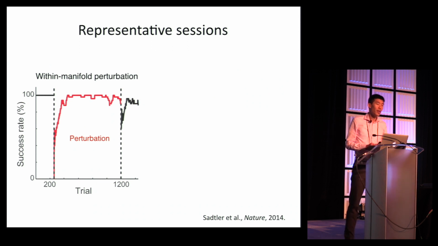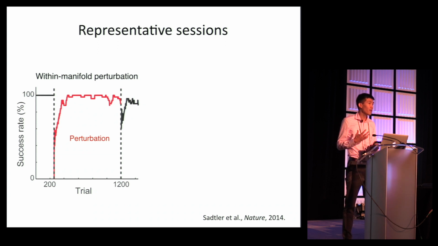Here is an example of a within-manifold perturbation session. At the beginning of the session, the animal uses this intuitive mapping, which it can control very well. Its performance is usually at 100%. At some point, after a few hundred trials, unannounced to the animal, we switch the mapping, and then, as you would expect, performance goes down.